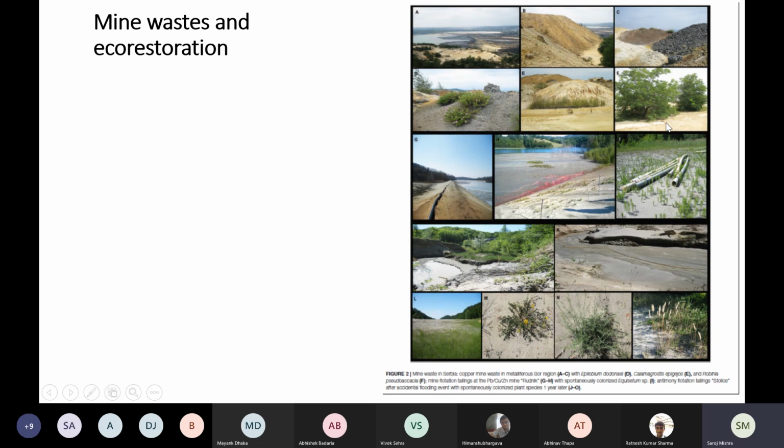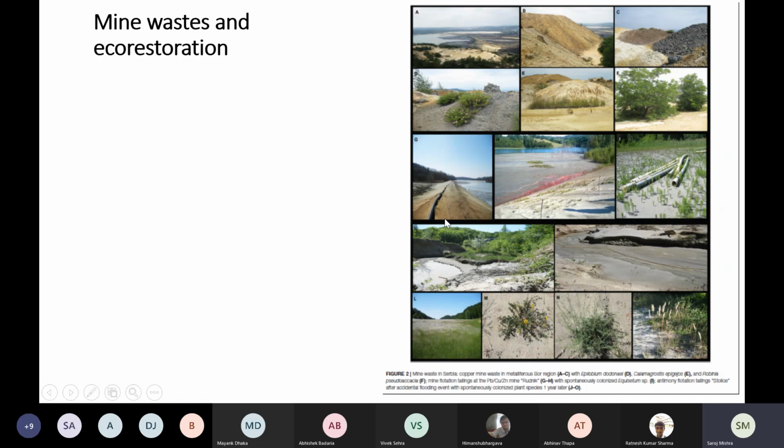So this is just an effort to do restoration of the ecosystem here. Similarly, what you see in G and H, for example, these are the mine flotation tailings at the lead, copper, zinc mine in some area in Serbia. So in G and H, because copper is mined here, you see that some of it also appears pink in color.